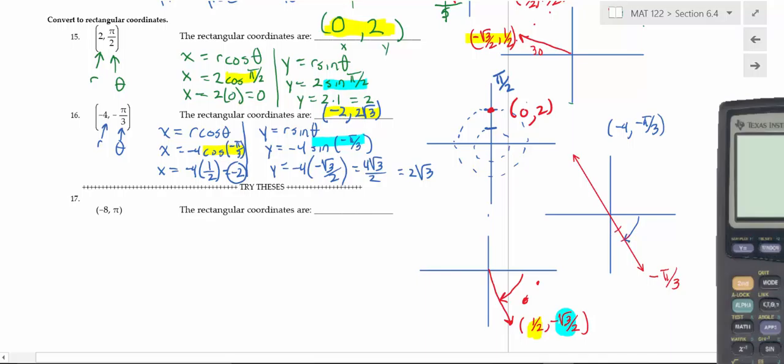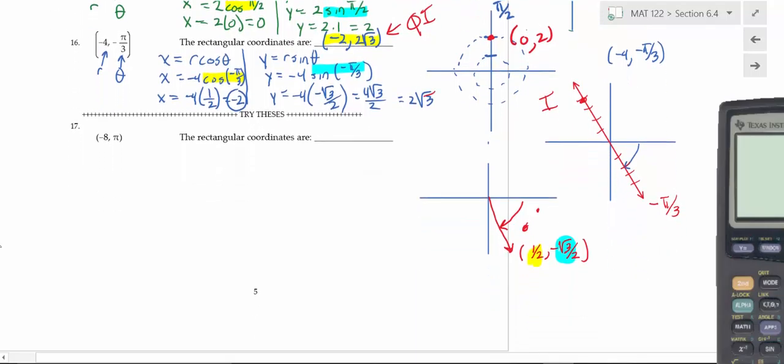But instead of going 1, 2, 3, 4 this way, you'd be going 1, 2, 3, 4 this way, like that. So you'd be in quadrant 1. If you look at your answer to the problem, that's also in quadrant 1, and it has to be. That's the benefit of drawing pictures: that way you can tell you're right. I do that all the time just to make sure that I haven't made any mistakes.